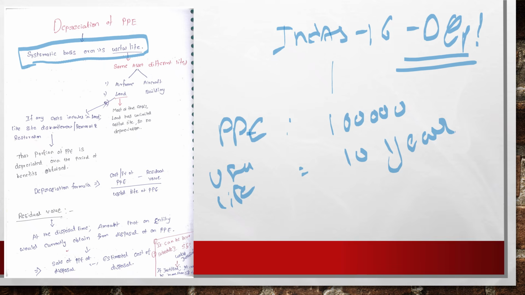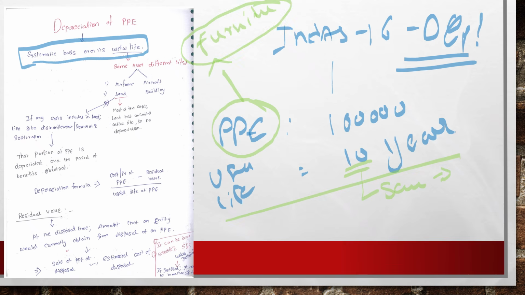So the usage would be the same. Assume that you can use this PPE for these 10 years in the same manner. Same manner means, say suppose the class of this PPE is furniture. So this furniture you can use for 10 years in the same manner. You don't need to produce extra, or your production will not be affected by this furniture.